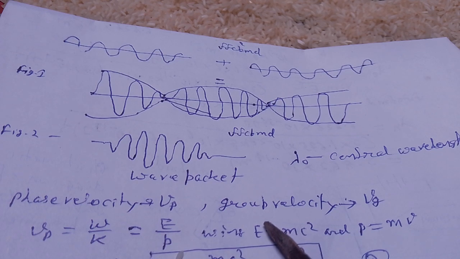We know that the phase velocity v sub p of a wave is given by v sub p equals omega by k. Hence, from the earlier equation, the phase velocity of the wave packet is given by v sub p equals omega by k equals E by p.